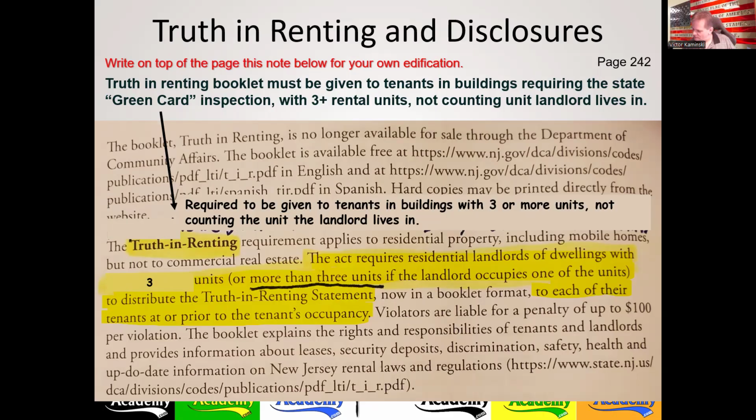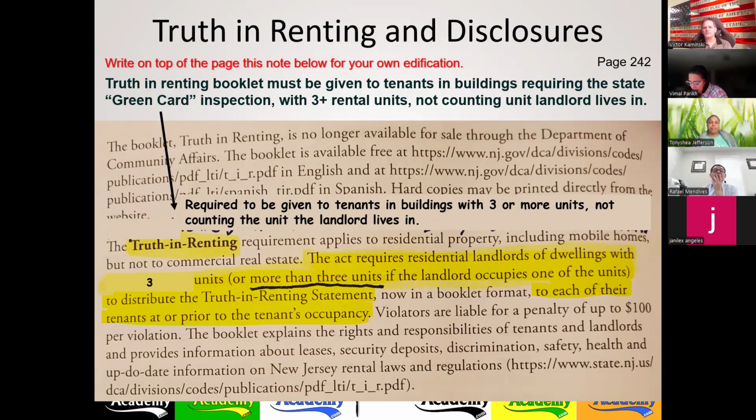Page 242. Truth in Renting. Let me know when you guys have that.